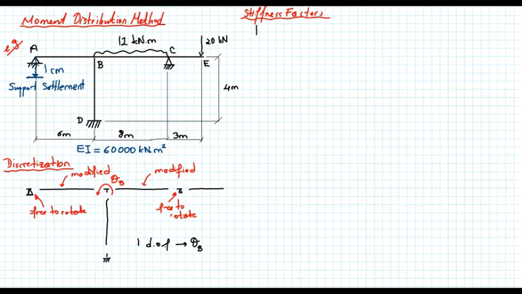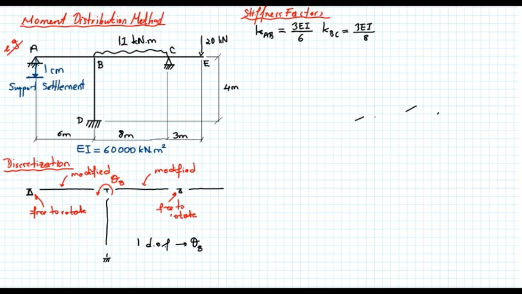I need the stiffness factor of member AB. So K AB, I decided to use the modified stiffness factor for it. So it's equal to 3EI divided by 6. Member BC, K BC, again we decide to use the modified equation. So that's equal to 3EI over 8.